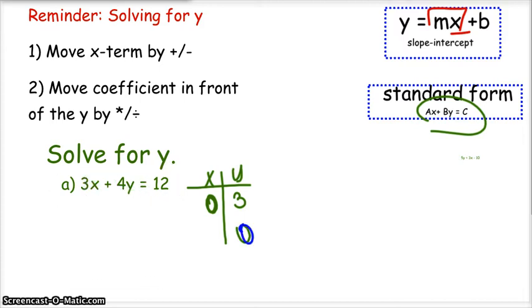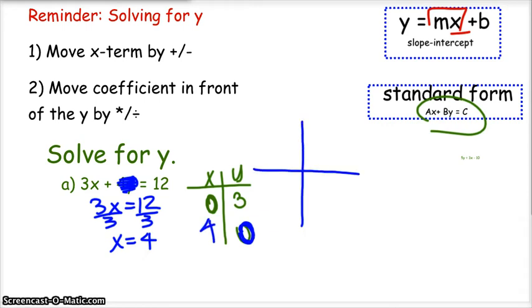If I try it where the y value is 0, anything times 0 is 0, leaving me with this equation. Divide by 3, x equals 4. So in this particular case, when y is 0, x would be 4. Leaving the graph: 1, 2, 3, 1, 2, 3, 4.